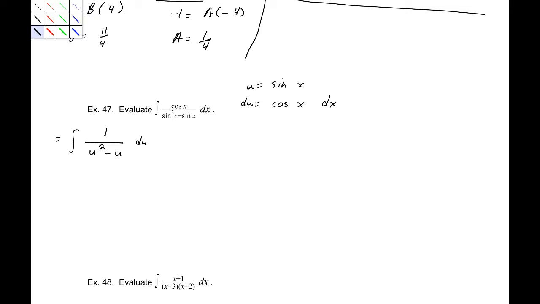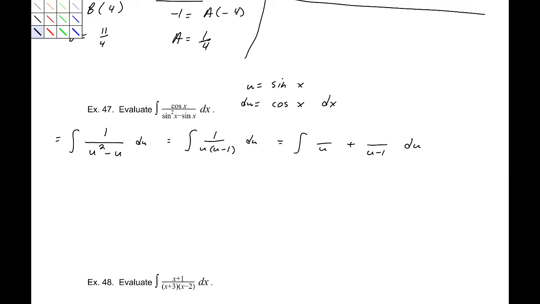Now factoring that is 1 over u times u minus 1 du. And we are going to write this as partial fractions. We're going to have something over u plus something over u minus 1. And this is where our algebra is going to come in.